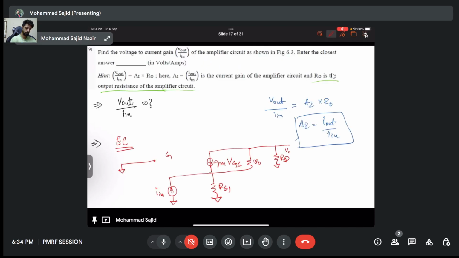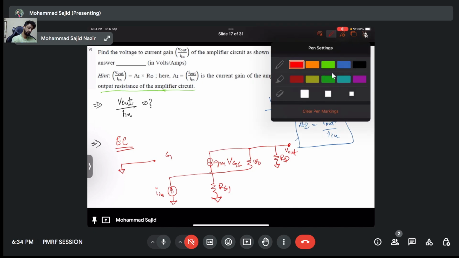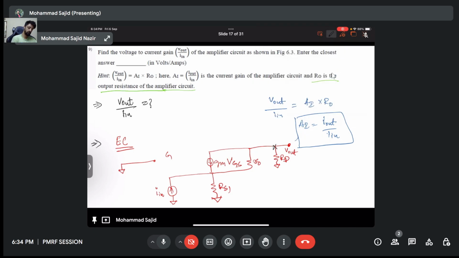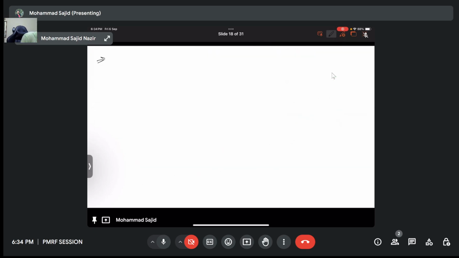This is our VR. So if we take KCL at this node, we can write V output by RD plus V output by R0 plus GMVGS is equal to 0.